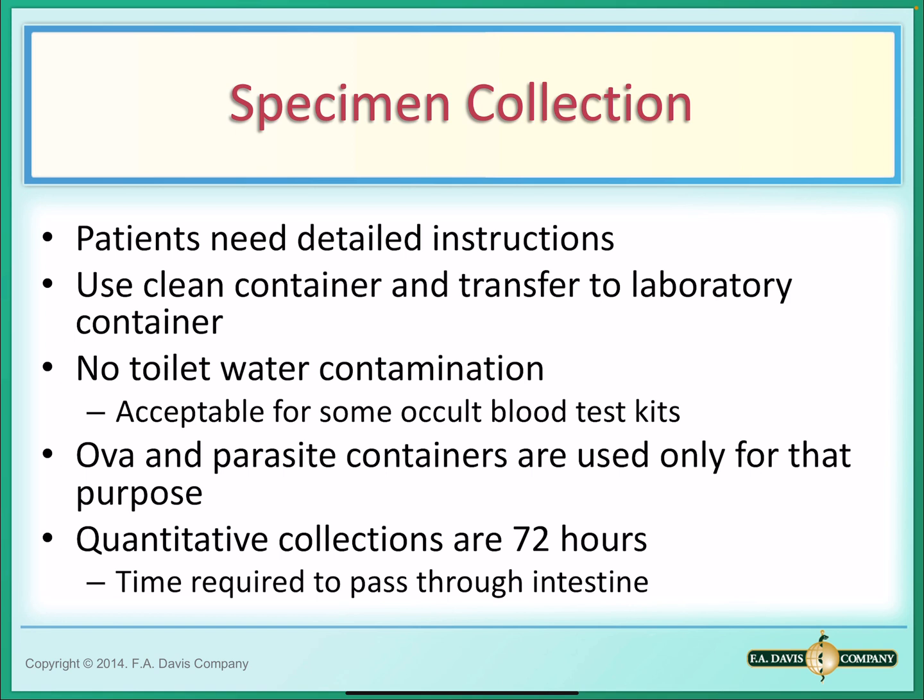Because of the variability of bowel habits and the transit time required for food to pass through the digestive tract, the most representative specimen is a 3-day collection specimen. Frequently, these specimens are collected in large containers to accommodate the specimen quantity and facilitate emulsification before testing.